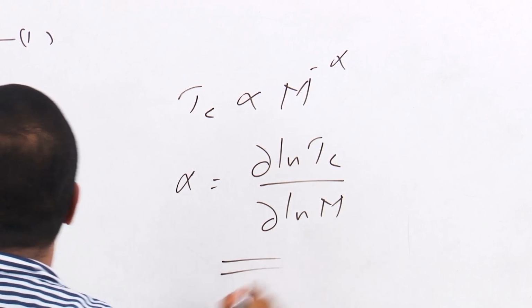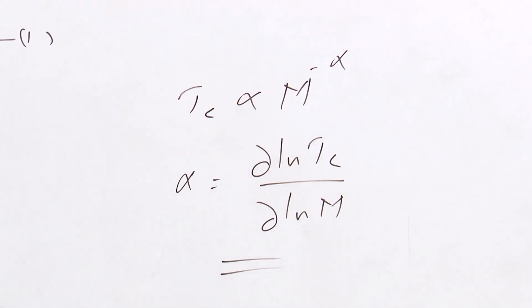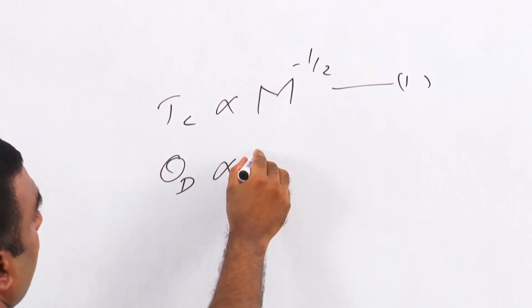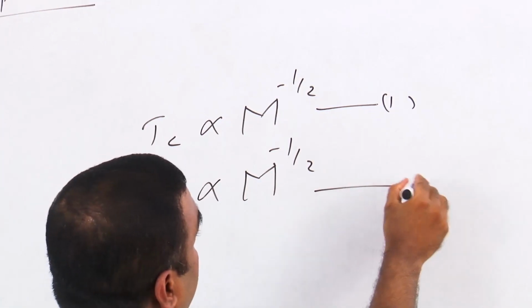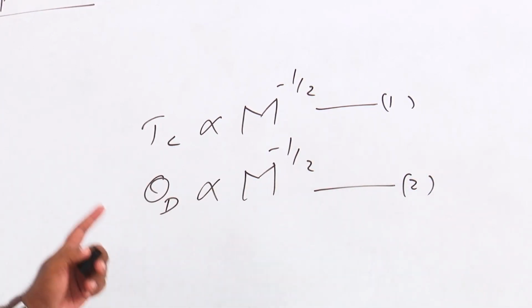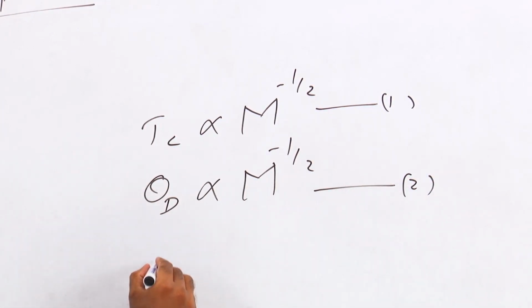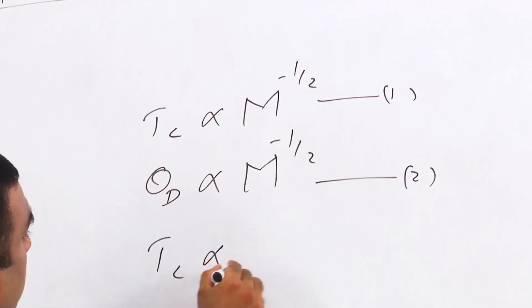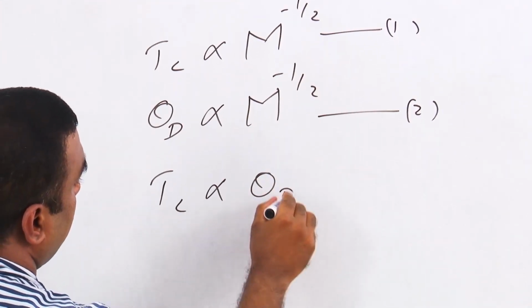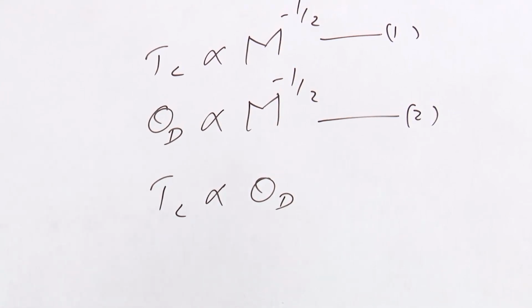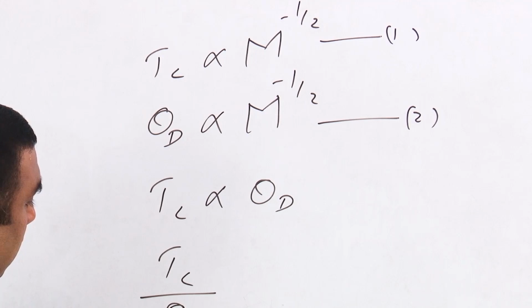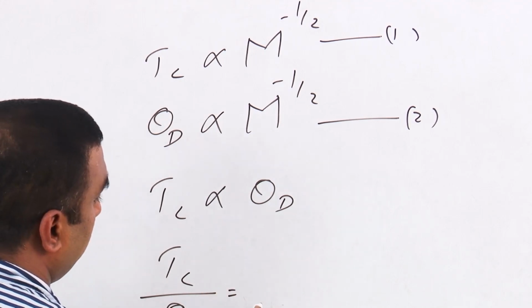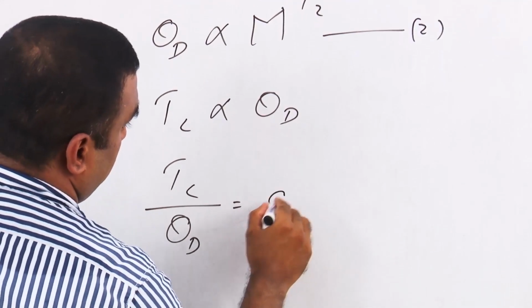We also know that the Debye temperature theta d is also proportional to m raised to minus 1 by 2. Let that be relation number 2. From these two relations we can write Tc proportional to the Debye temperature theta d, or Tc by theta d is equal to a constant.